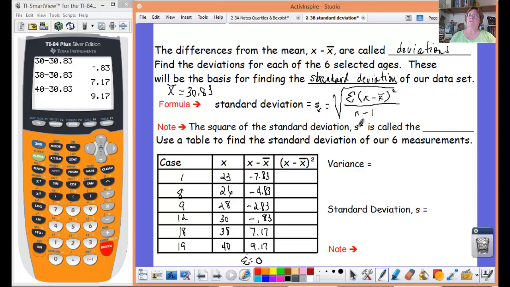If we were talking about the population of all the teachers, see, we only have a sample of 6. If we were using the population of all the teachers, we would divide by n, and we'll talk a little bit more about that in class. But this is the formula for standard deviation.